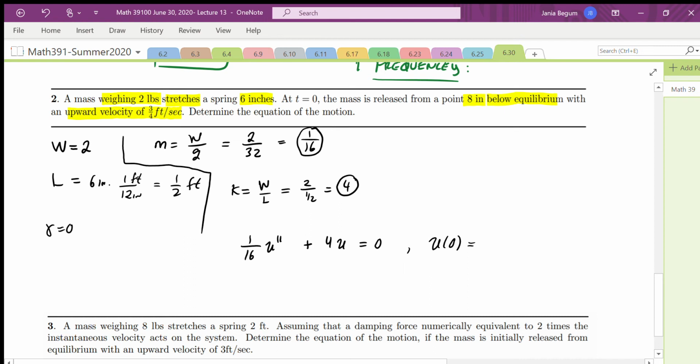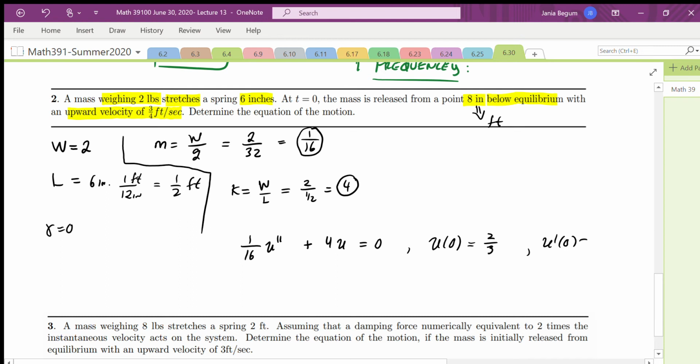We have to convert that to feet. So 8 inches is how much in feet? If you divide that by 12, 2 over 3. Yeah. And then initial velocity, what is that given to be?